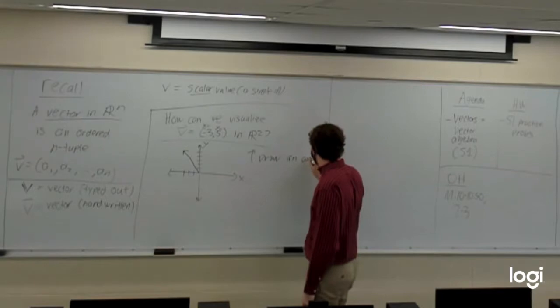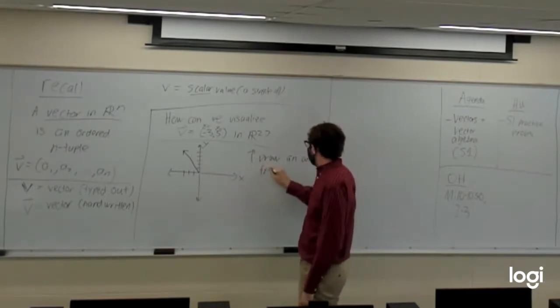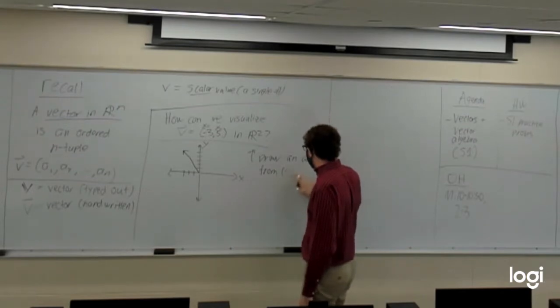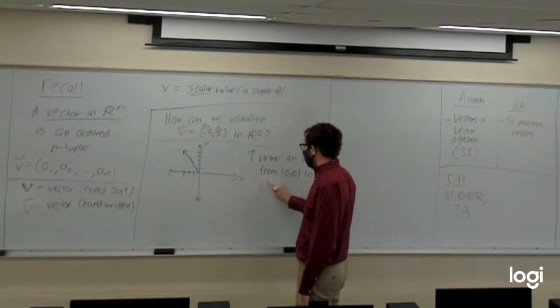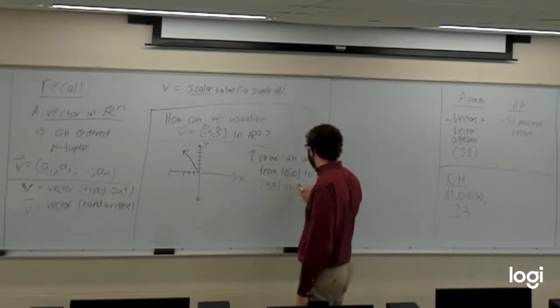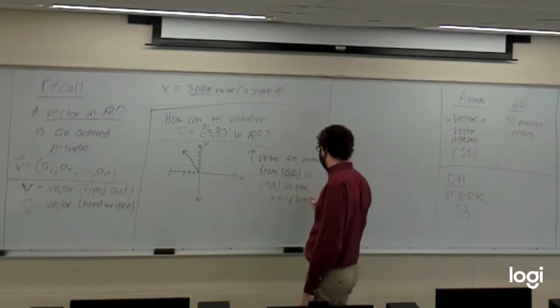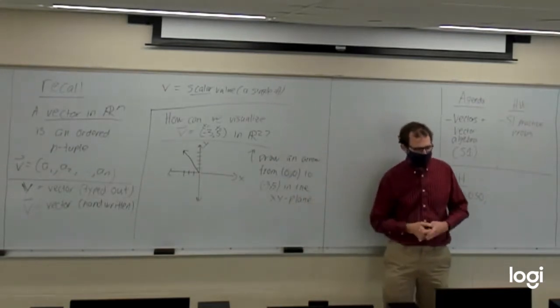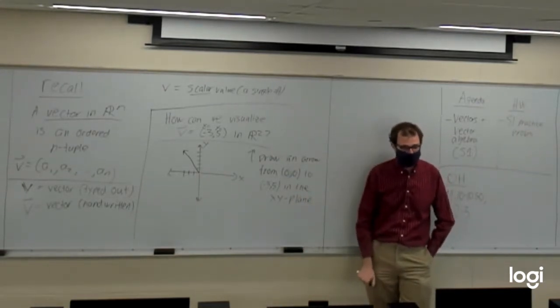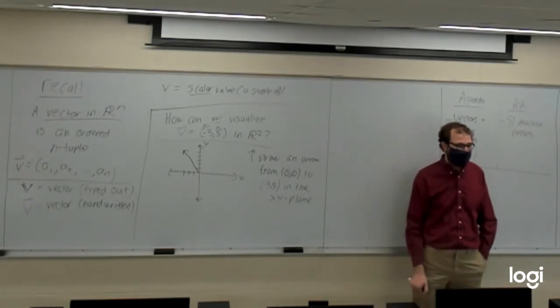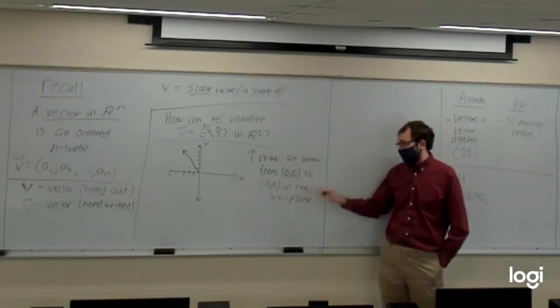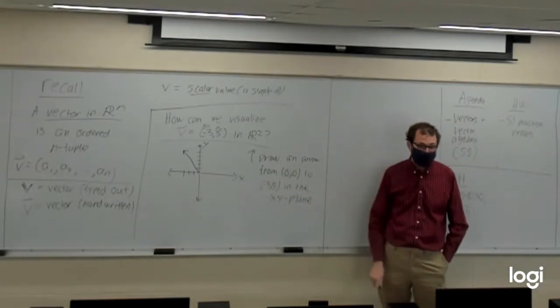Draw an arrow from the origin to (-3, 5) in the xy-plane. That's the simplest way of how you would go about trying to visualize a vector in 2 dimensions like this. Not 3 yet, that's the next example.